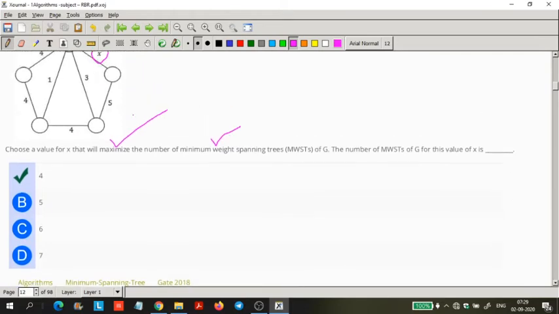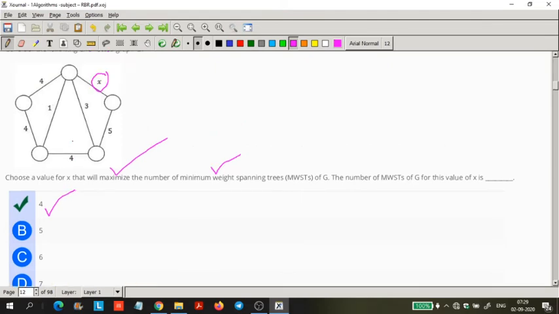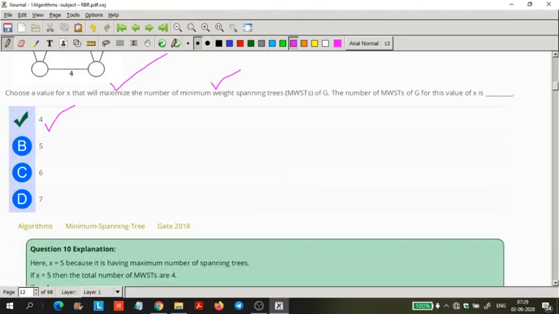So here the answer is 4. The number of minimum weight spanning trees of the graph G for this particular value of x is 4.